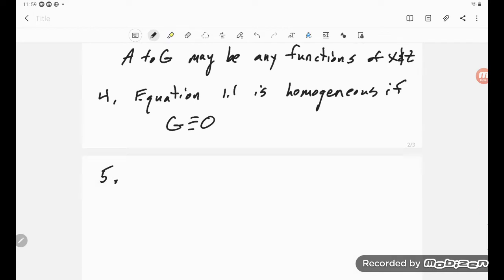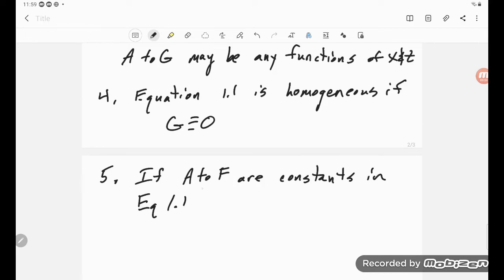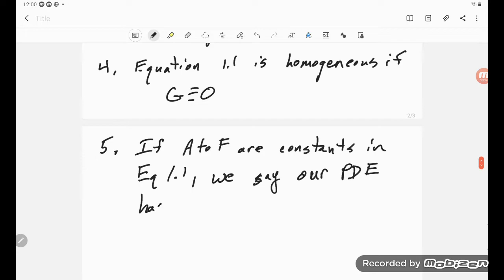5, if A to F are constants in equation 1.1, then we say our PDE has constant coefficients.